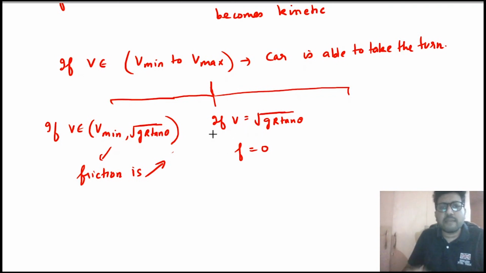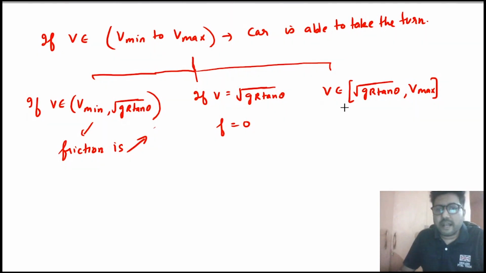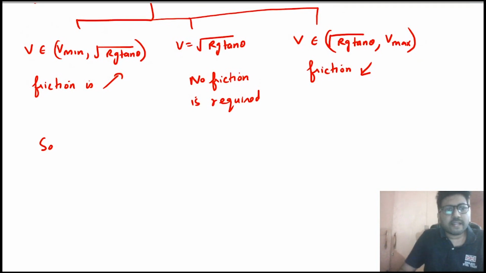Only normal is able to provide the centripetal force. If v belongs to root gr tan theta to v max, in that case you will say the car has the tendency to move upwards, so the friction will be downwards.